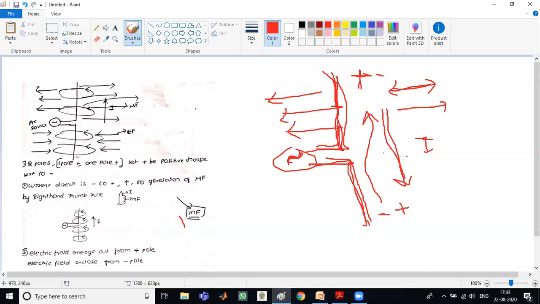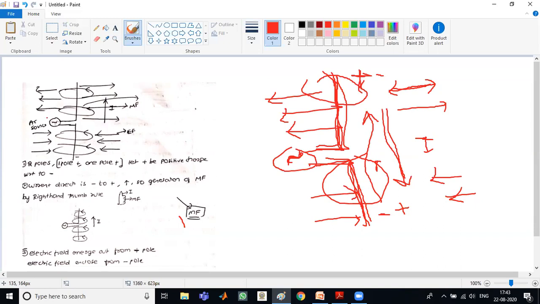If the pole is negative, the electric field moves into it. From the right hand thumb rule, the magnetic field is in this direction. This is the concept of electric and magnetic field of an antenna when you apply the source.